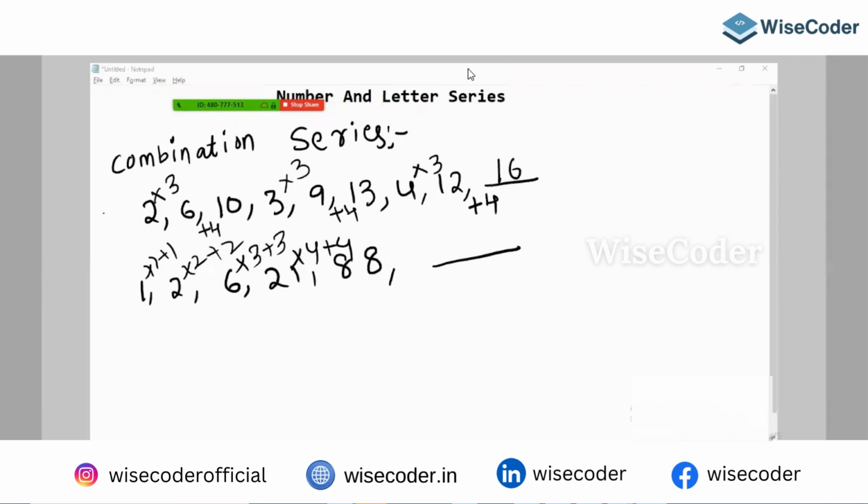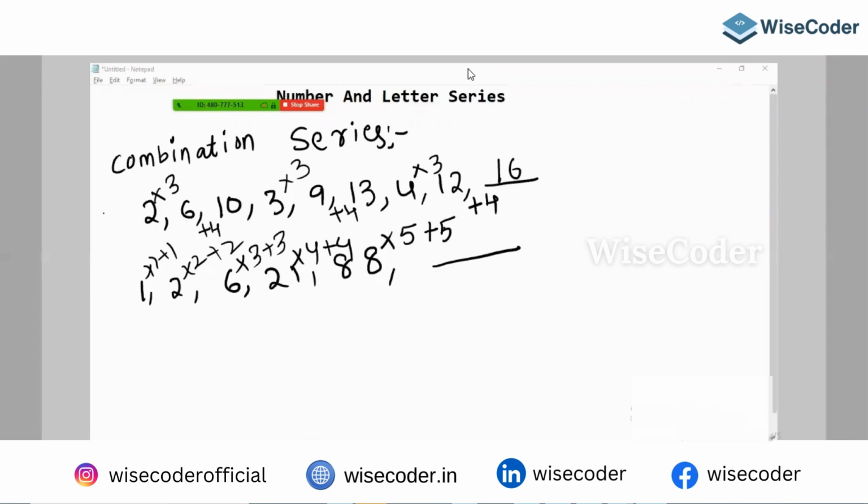To get the third term, the second term is multiplied with 2 and then 2 is added, and so on. Hence after 88, the next term is what, guys? You need to multiply with 5 and add 5.